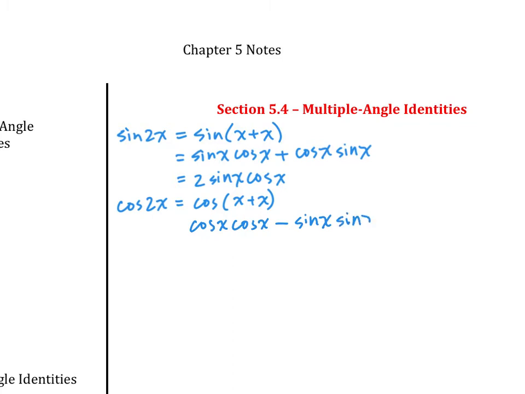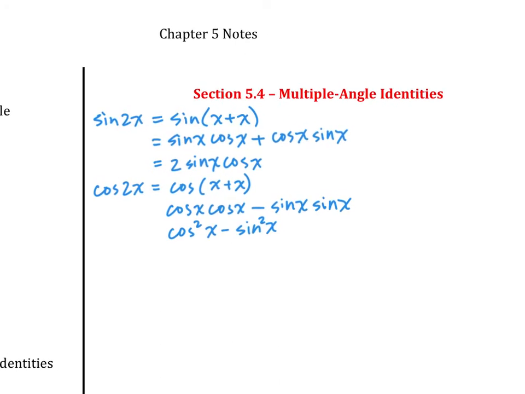So cosine times cosine is going to be cosine squared because the angles are the same, minus sine squared. Good. So this is one of the cosine double angle formulas, and because we can start from here, we can derive the other two. So there are two more.